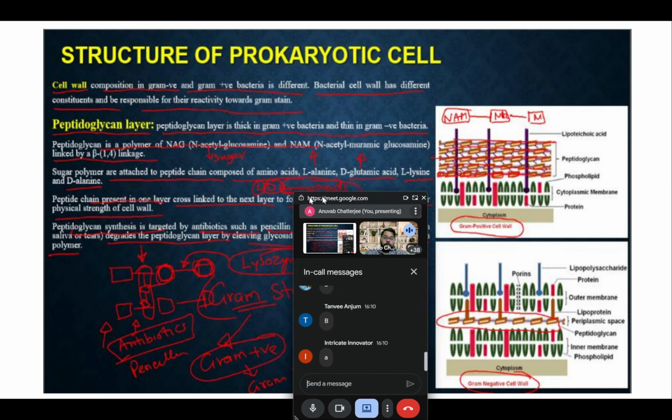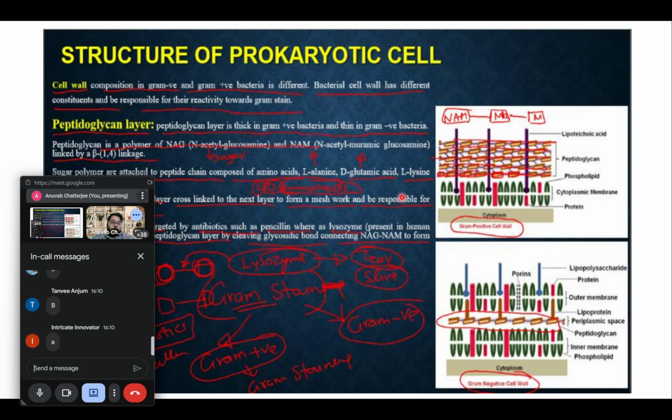So I will move this to here, and you can see that these horizontal blocks are NAM and NAG blocks that are attached to each other, and in between, vertically, these are connected by a lot of peptide chains. So peptide chains go in between these NAM and NAG blocks vertically to connect them together into a solid cell wall.